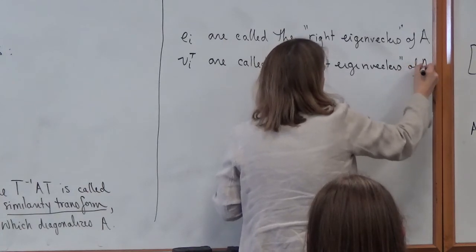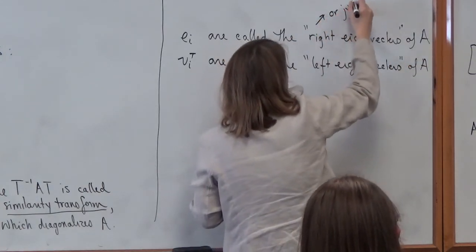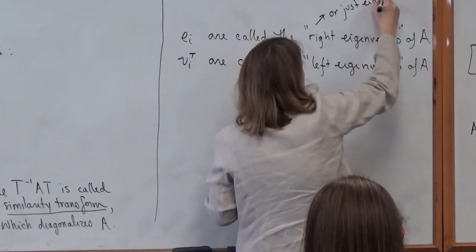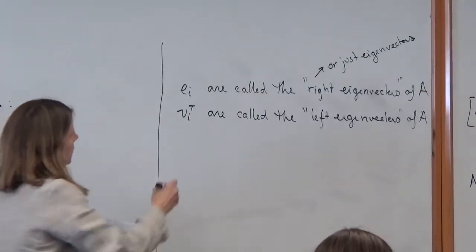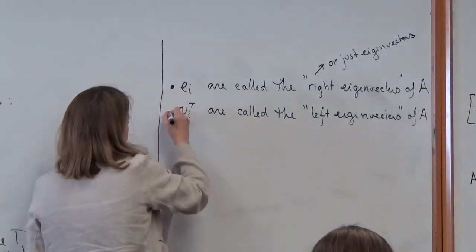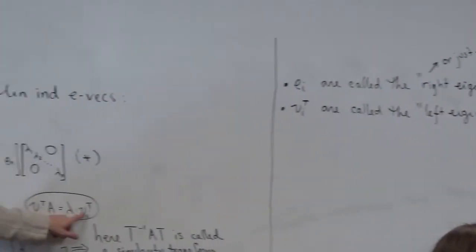Usually the ones up here are just called eigenvectors, so when we say eigenvectors, we mean right eigenvectors. For left, we have to specify. So left eigenvectors are row vectors, yes: this is a row, and I have lambda i times a row here.